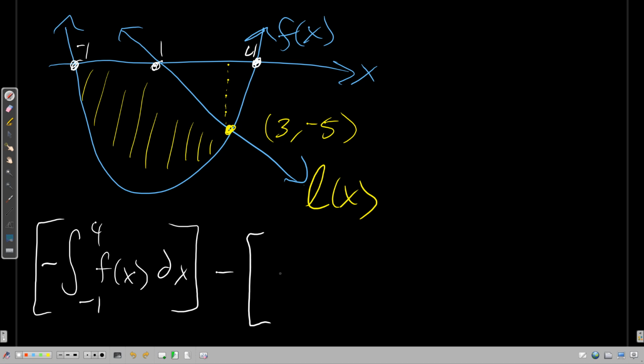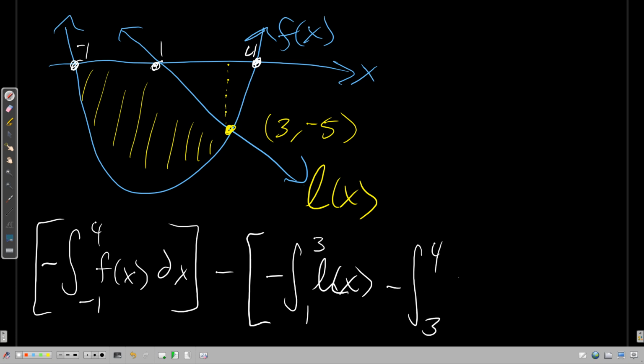And so that would have to be the integral from 1 to 3 of just that line L of x, but it's under the axis, so I'll make it negative, and then I'd have to add to that the integral from 3 to 4 of f of x.